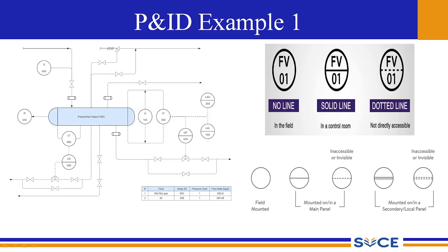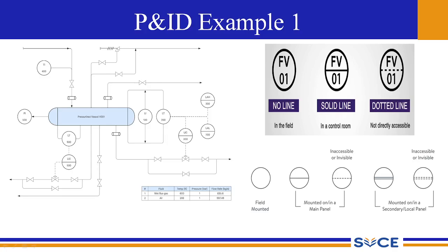If you have a single solid line or a dashed line, that means you cannot directly access that measuring instrument. So it is mounted on a main panel if it is indicated by the single solid line, or if it is indicated by a dashed line, all those measuring instruments are controlled remotely.